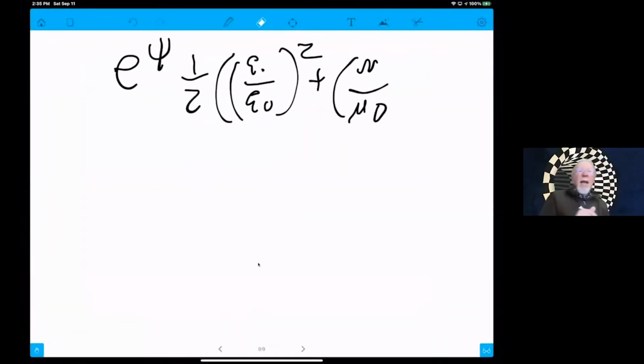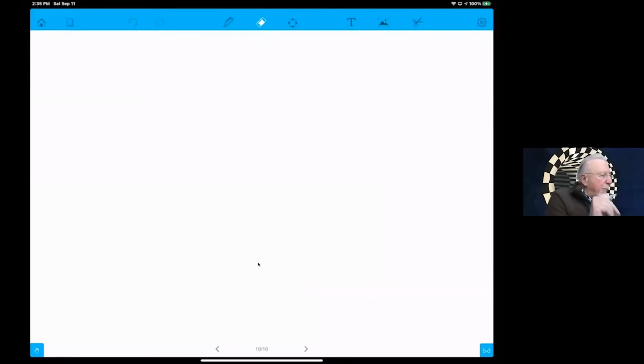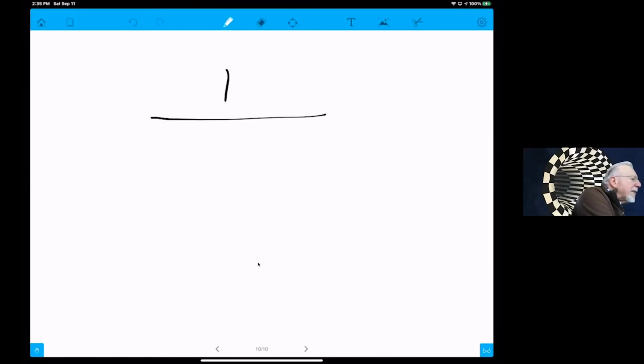Here's the thing. You have a resonance. I'll give you a better argument. A typical resonance looks like omega squared minus the resonant frequency squared plus i gamma omega.